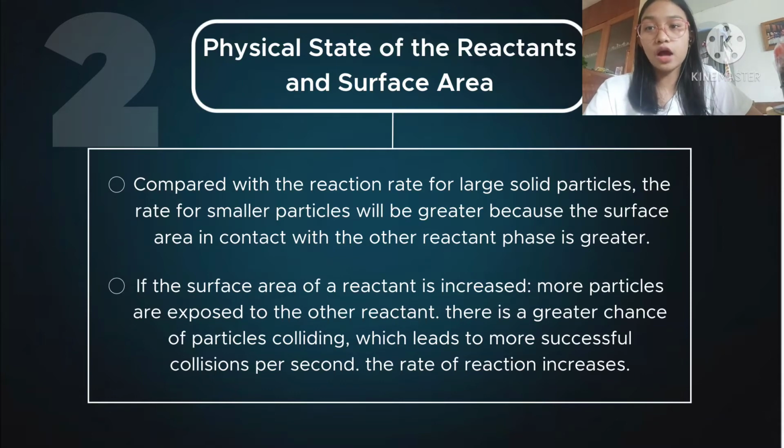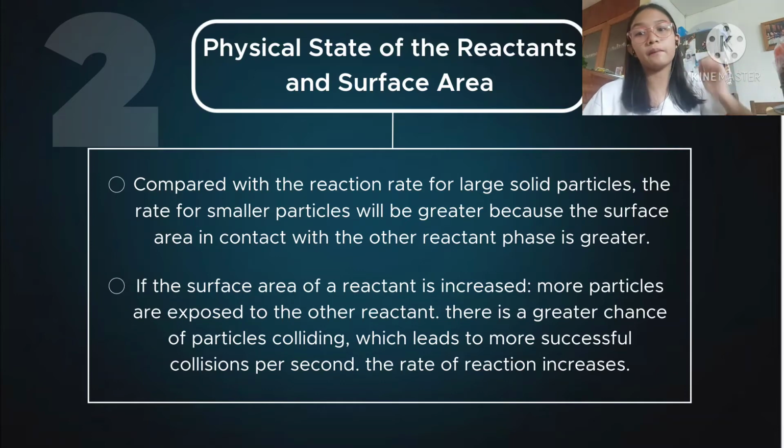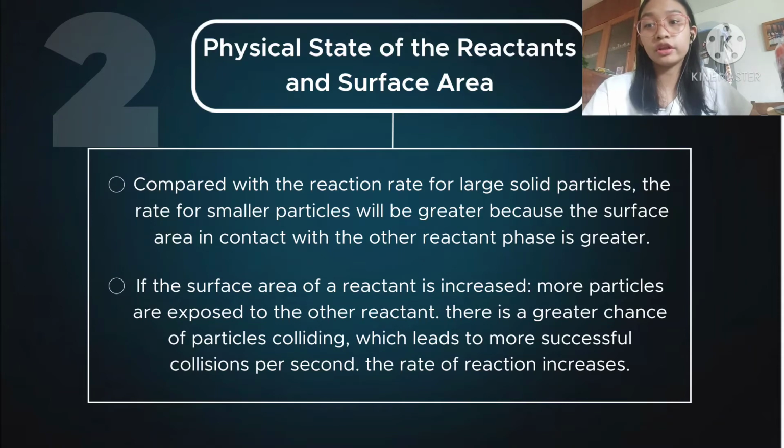The rate of reaction of a solid substance is related to its surface area. In a reaction between a solid and an aqueous, liquid, or gas species, increasing the surface area of the solid phase reactant increases the number of collisions per second, and therefore it increases the reaction rate.